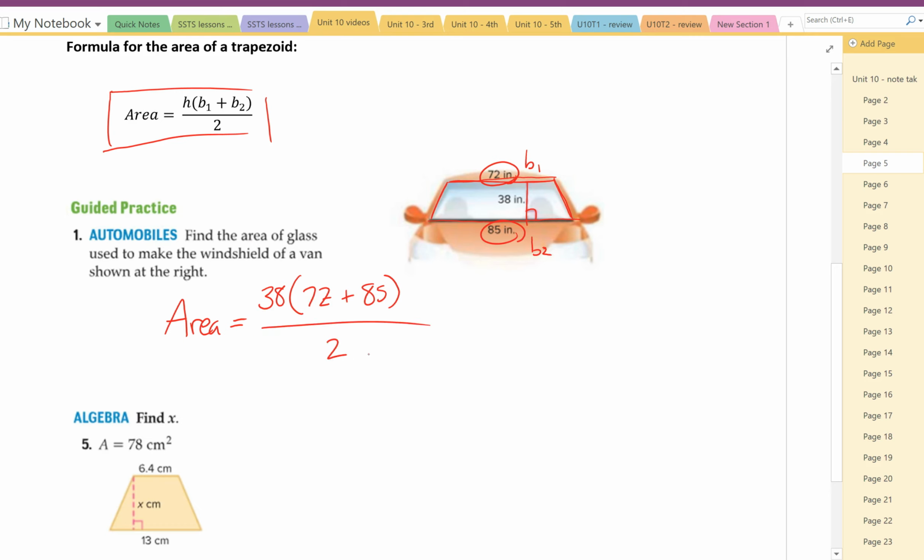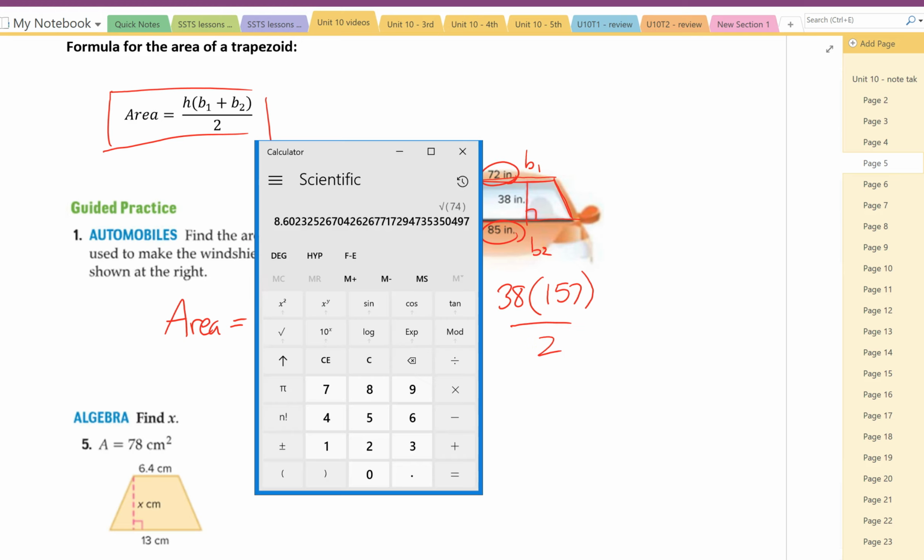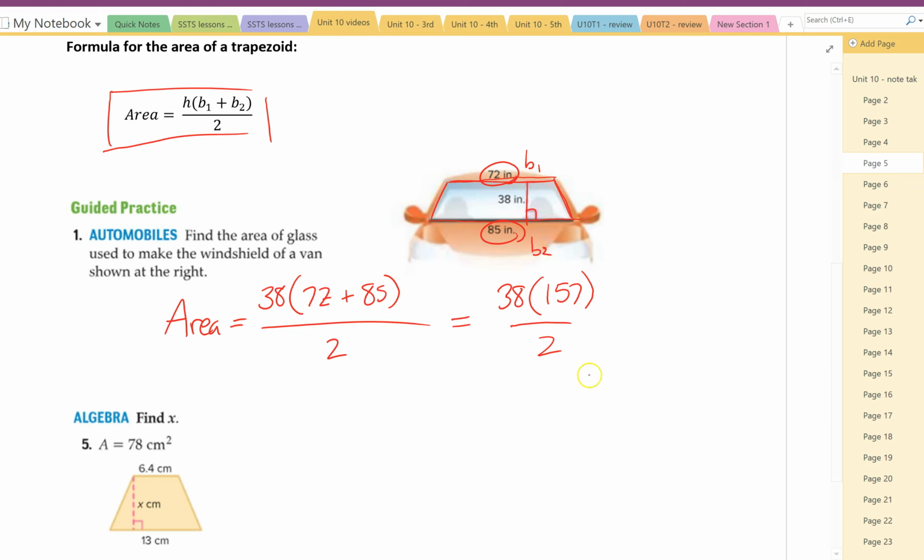So what do I have to do first? The easiest way is to add what you have in the parentheses first, and that's technically the way we would go if we were following the order of operations. So I'm going to have 38 times 72 plus 85, which is going to be 157. Still dividing by 2 at the end. For 38 times 157, I'm going to use a calculator. 5,966.